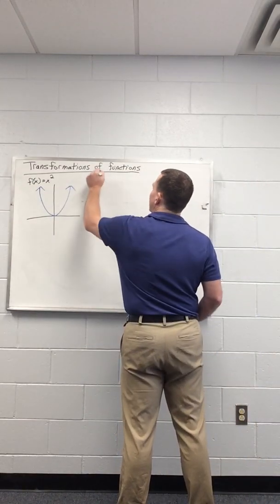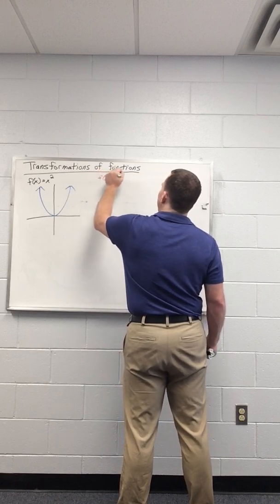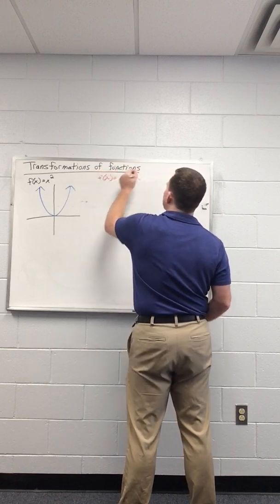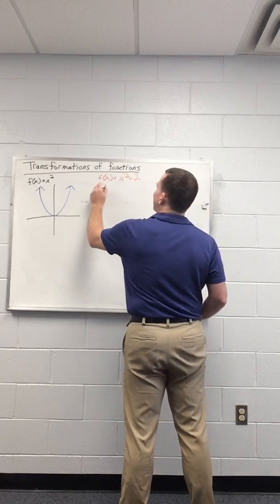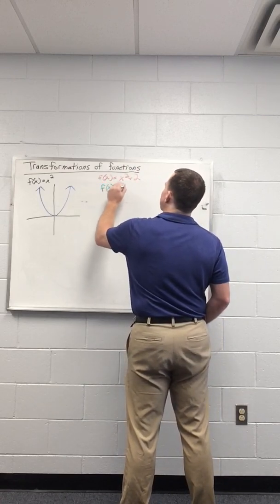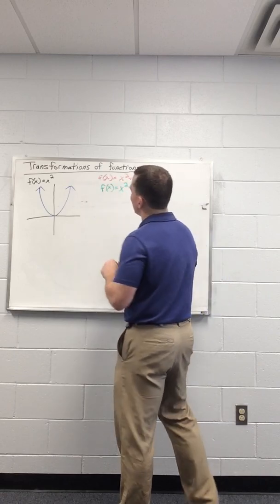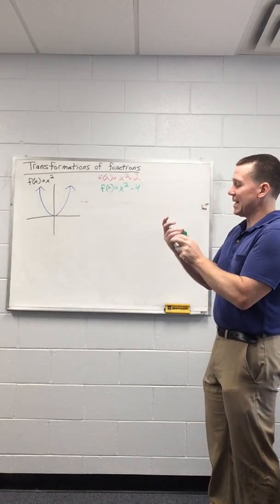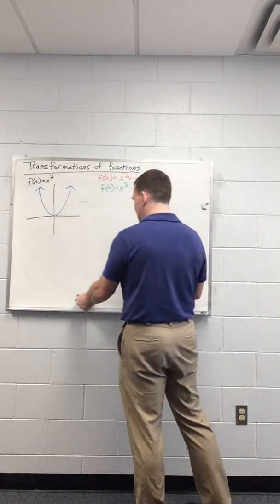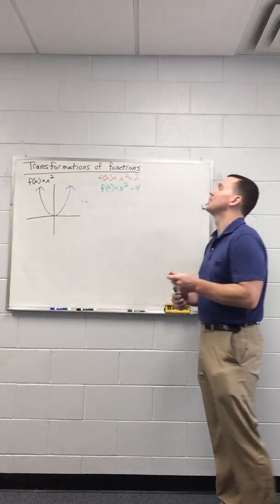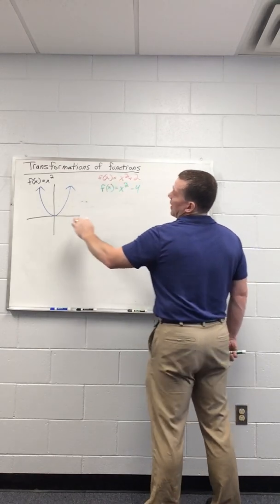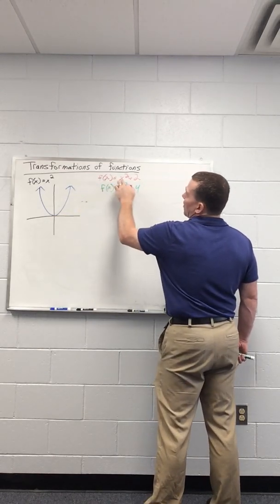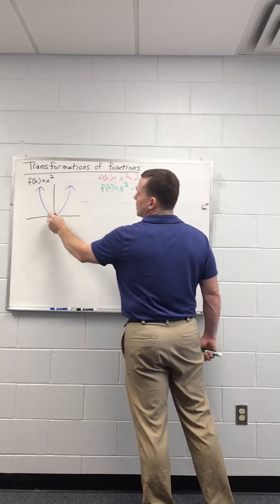For the sake of argument, if I have f of x equals x squared plus 2, or if I have, in multiple colors, f of x equals x squared minus 4, how does adding 2 or subtracting 4 change my function and my graph? Really quickly, if I plug in x equal to 0, I get 0 squared, 0 plus 2, which is 2.